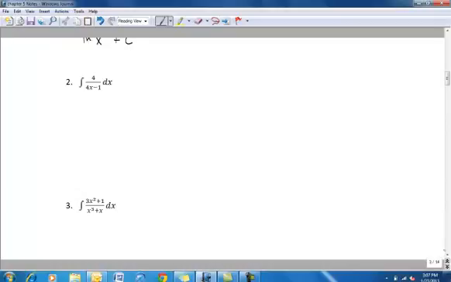The derivative of 4x minus 1 is 4, and there it is. So this perfectly fits the pattern of the integral of u prime over u. If you remember, the integral of u prime over u is ln of u plus c. So I think this perfectly fits that pattern, and the answer is ln of 4x minus 1 plus c.